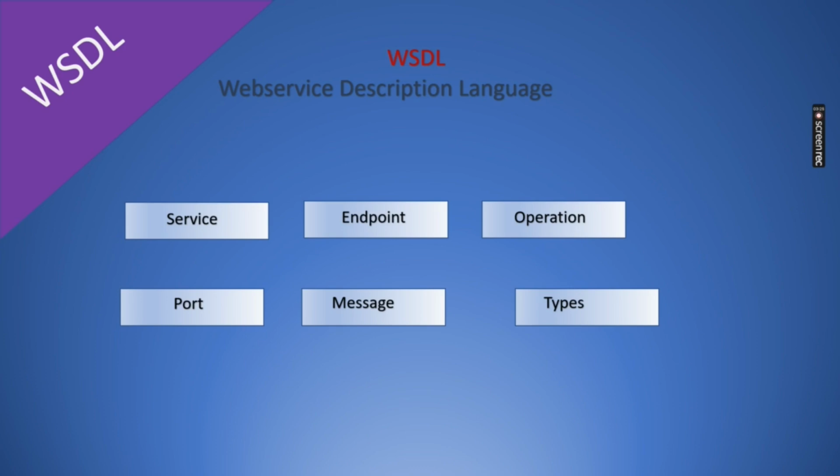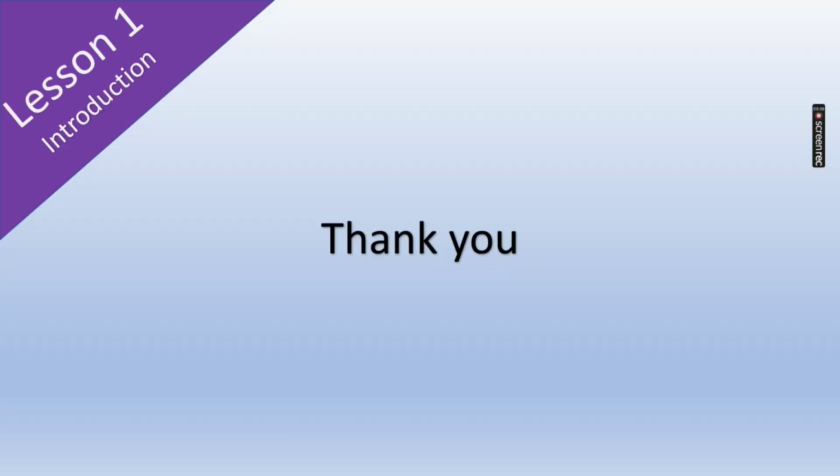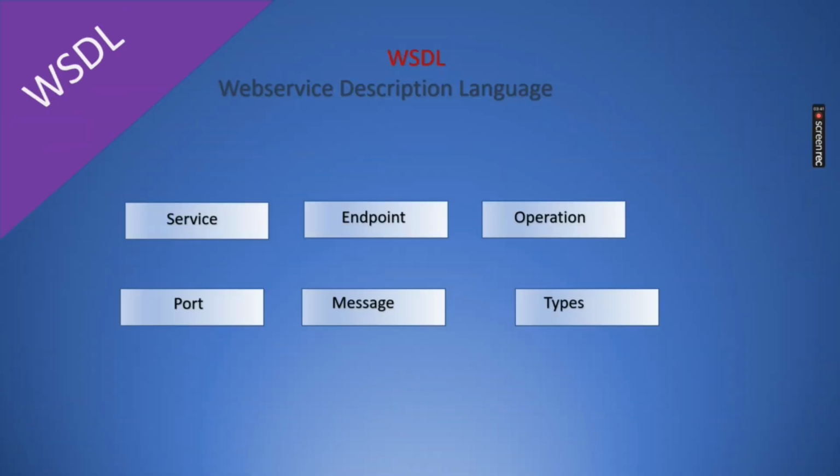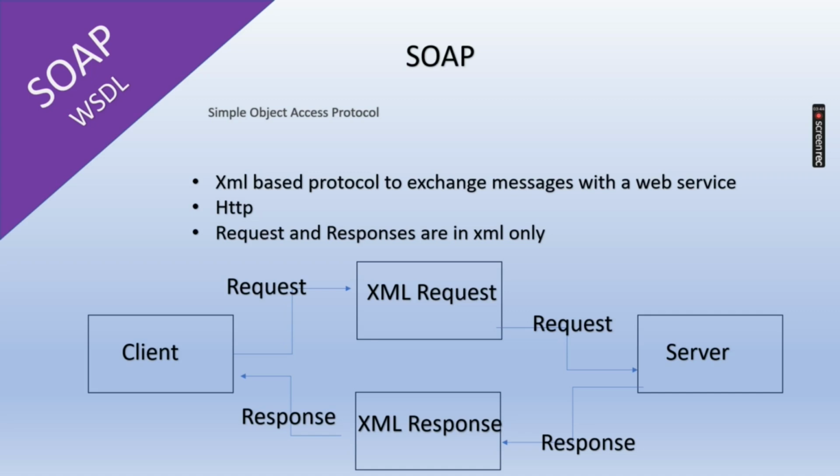So a WSDL is also basically an XML structure, but that XML structure contains service, endpoint, operation, port, message, and types. So this is about WSDL and SOAP.